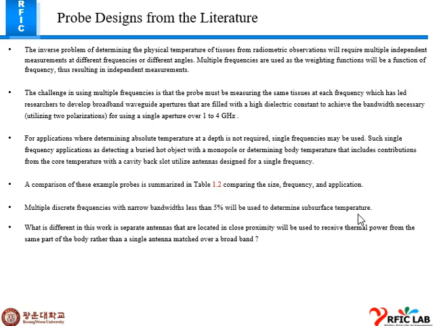Multiple discrete frequencies with narrow bandwidth less than 5% are used. What is different in this work is that separate antennas located in close proximity will be used to receive thermal power from the same part of the body, rather than a single antenna matched over the broadband.